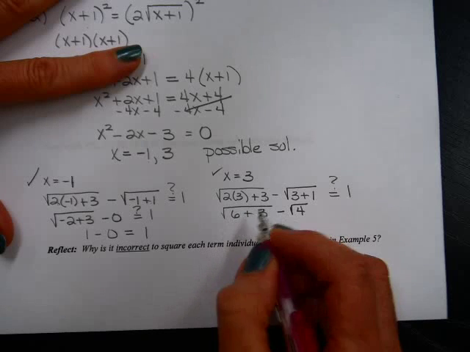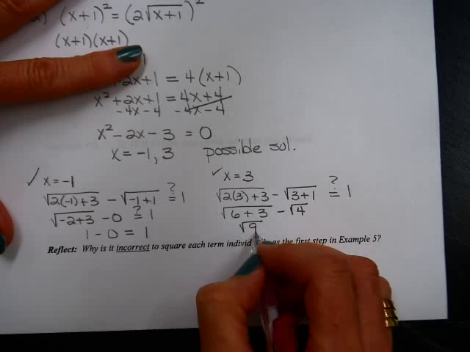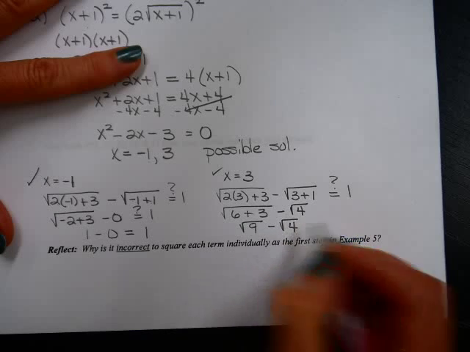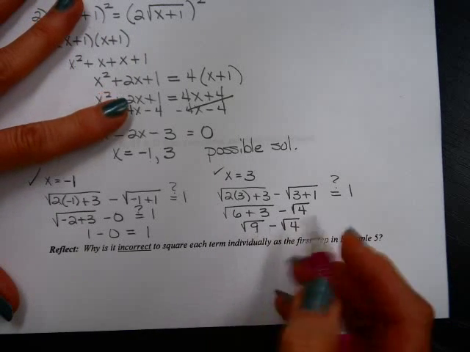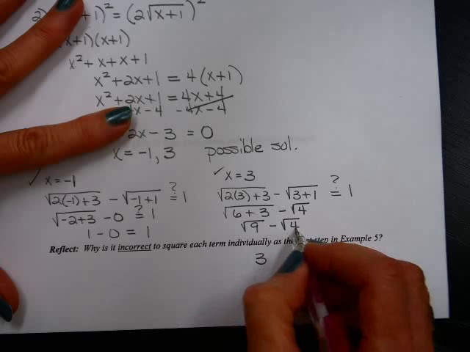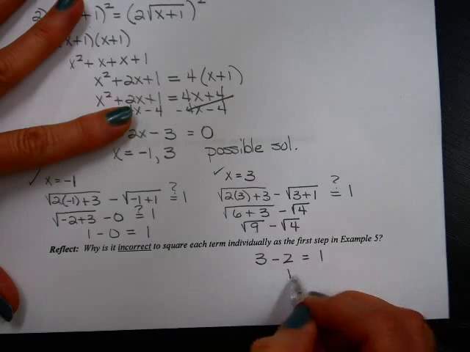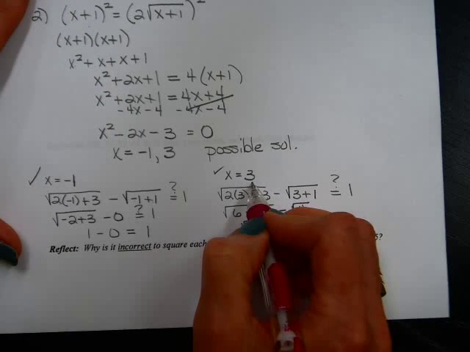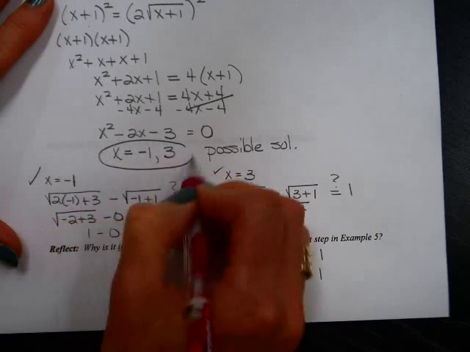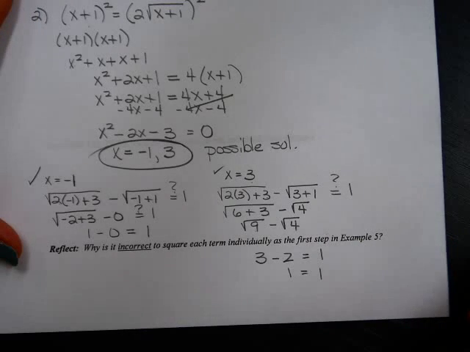The square root of 9 minus the square root of 4. The square root of 9 is 3. The square root of 4 is 2. And 3 minus 2 does equal 1. So 3 checks also, and both of these solve our problem.